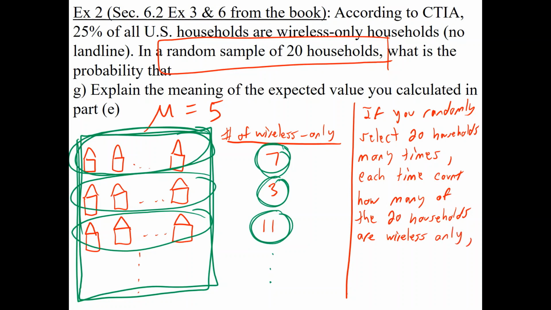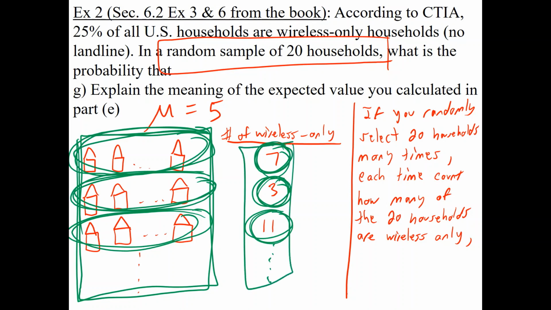Count how many are wireless only in this group, in this group, in this group. Do this many times, and then take the average of these numbers.